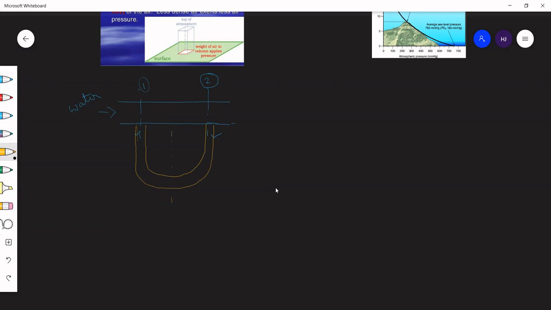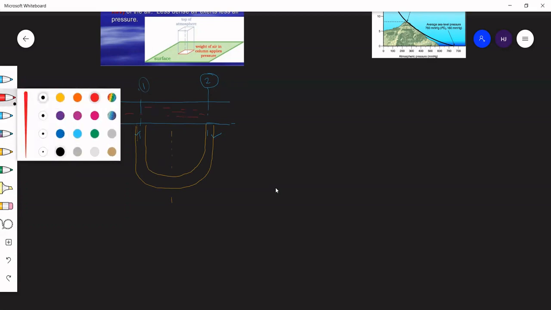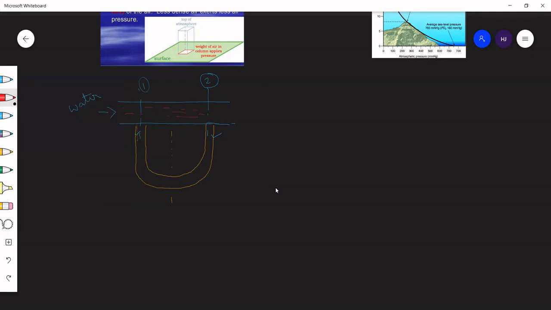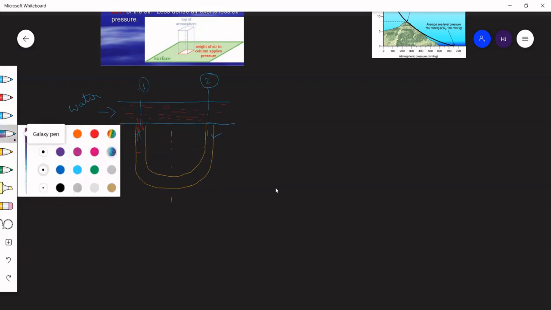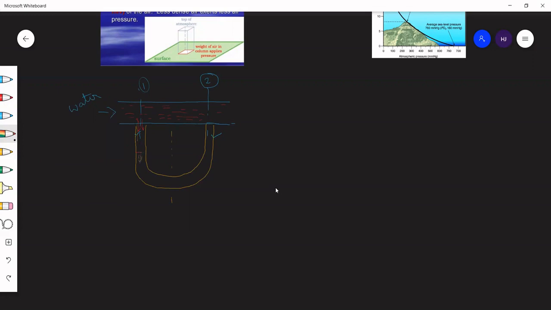So what happens is, suppose there is water flowing, which is shown by this red color. Water will come here and enter this very small tube, and it will push the mercury inside that tube.